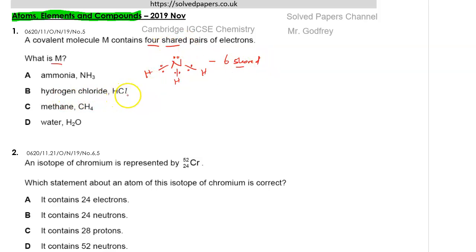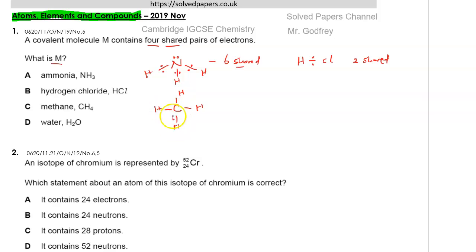What about hydrogen chloride? Hydrogen chloride is HCl with 2 electrons shared between hydrogen and chlorine, so it has only 1 shared pair. What about methane? Methane is CH4, as indicated right there.